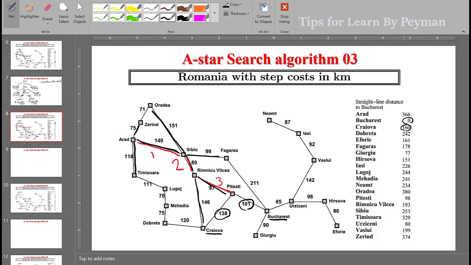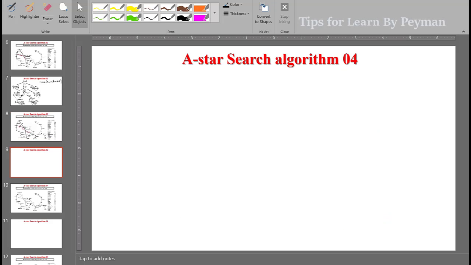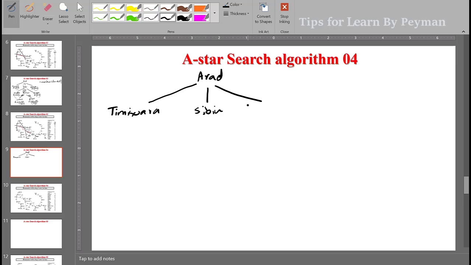So let's see what will happen in the 4th level. So I start from the root, I write it here Arad, I draw the Timisoara, here I have the CBU, and here I have Zerind.